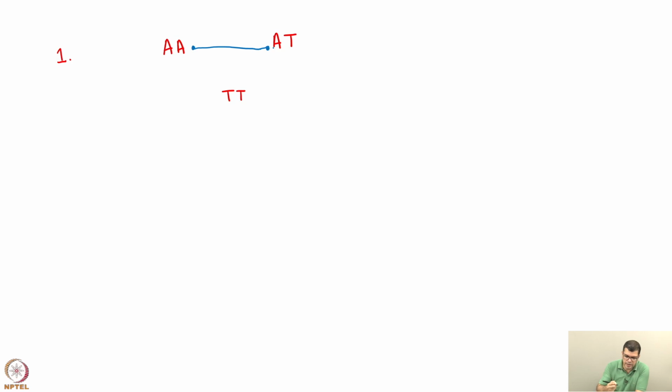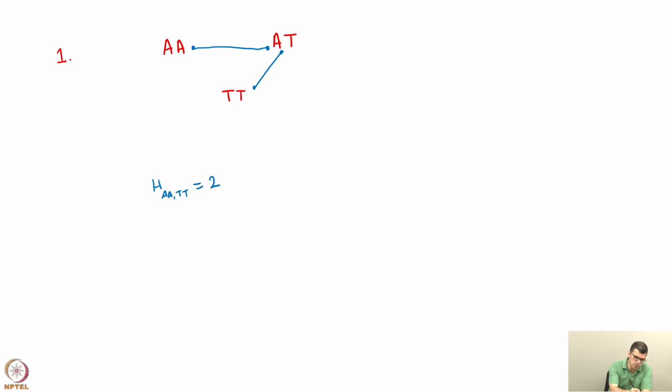So, AA and AT will be connected and AT and TT will be connected, but AA and TT will not be connected, because the Hamming distance between AA and TT is equal to 2, and only nodes whose Hamming distance is 1 are connected with each other.